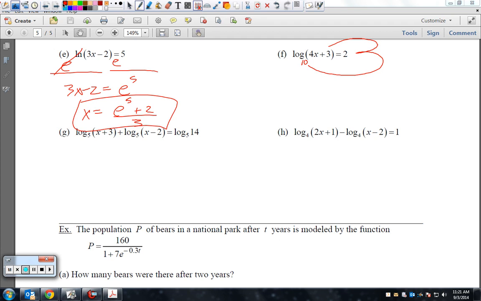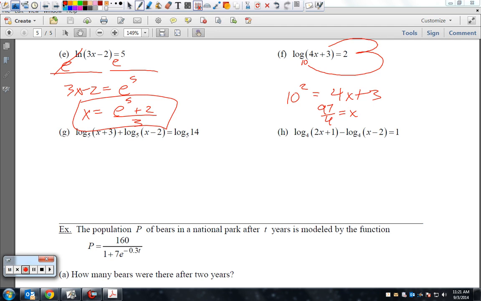Alright, so we're changing this to exponential. 10 to the power of 2 equals the argument. So 100 minus 3 divided by 4 is x. 97/4 or the equivalent of 24.250. And you don't have to put the 0, but if you did, it'd still be correct.